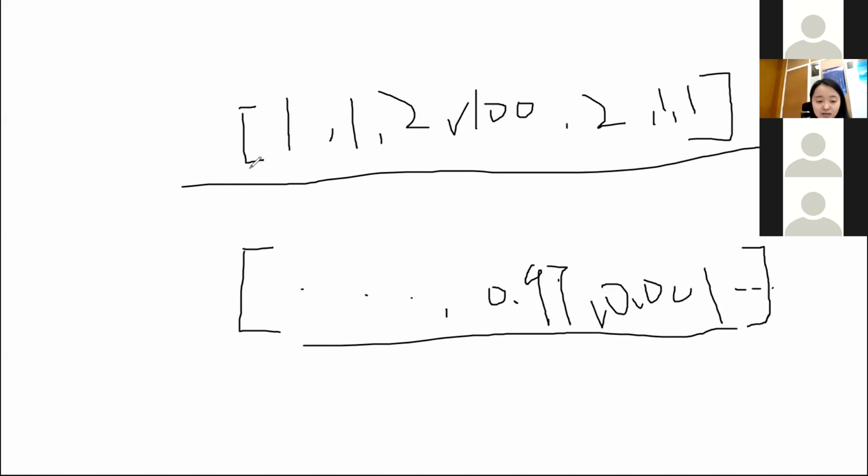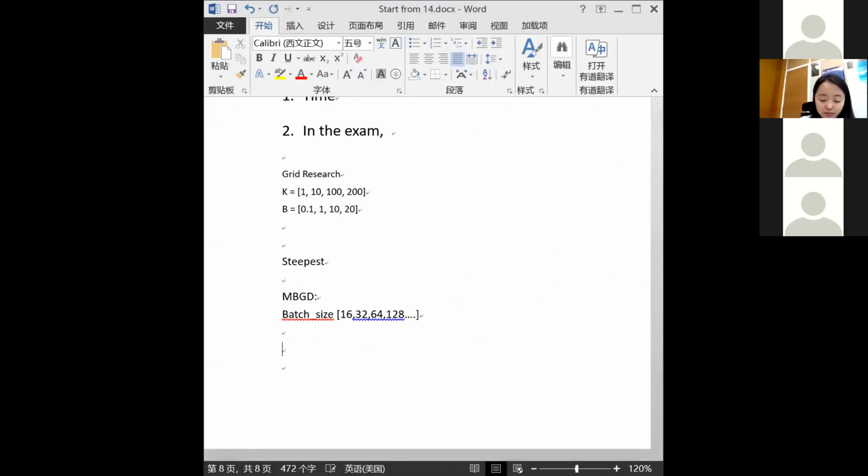For example, here is the input, and after the softmax function, the output vector is also a k-dimensional vector, a 7-dimensional vector, but the values will be like this.